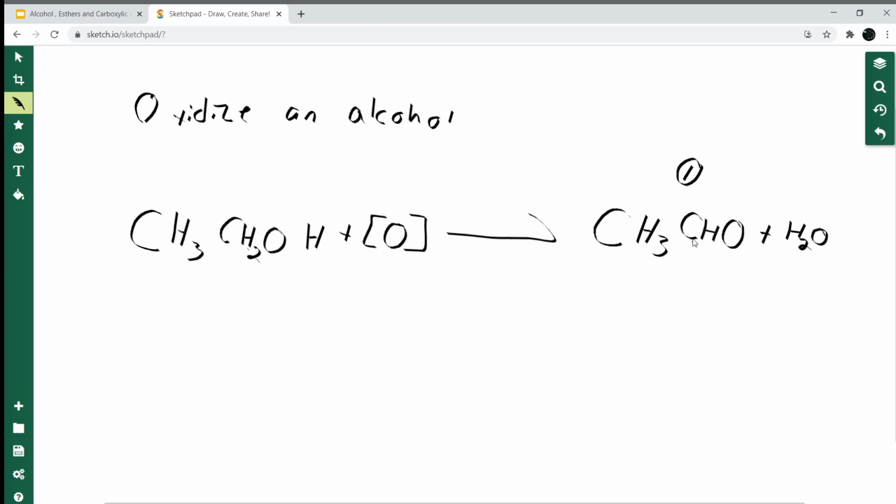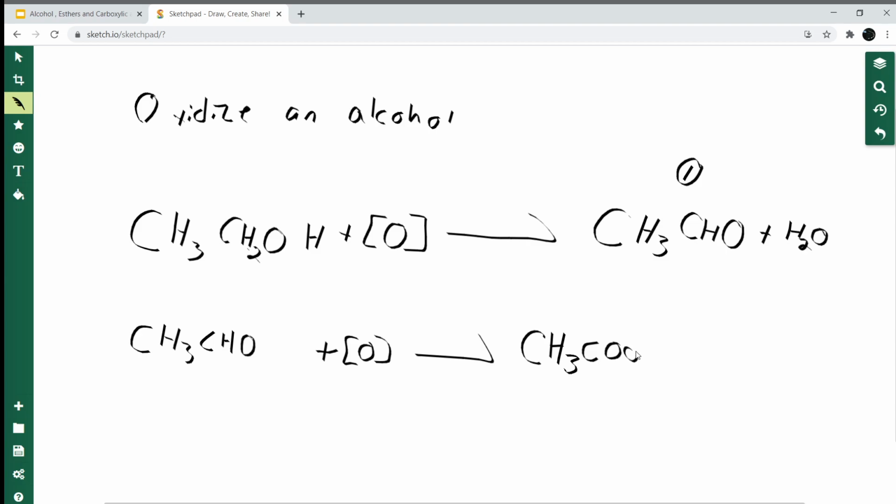And then we can take our aldehyde, and we'll further oxidize it again, usually under reflux. And we will end up making a CH3COOH. Okay. And when that happens, we end up getting our carboxylic acid here.